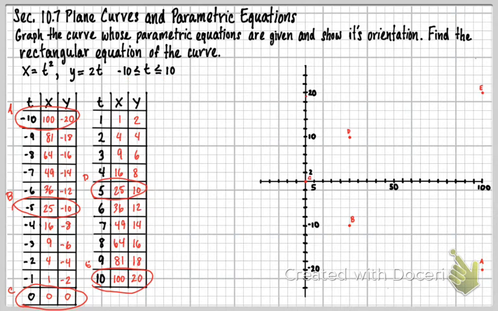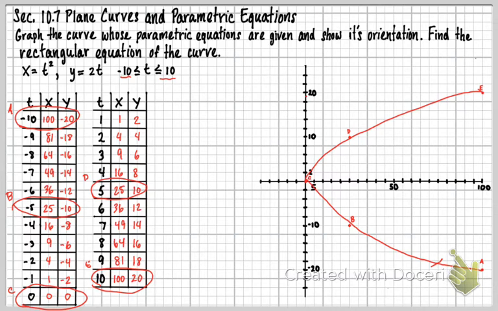So if we continue our path, I start from A, which is down here, take it around to here, and then take it around the rest of the way and finish it this way. We stop and end there because of our parameters for t. It's set from -10 to 10.